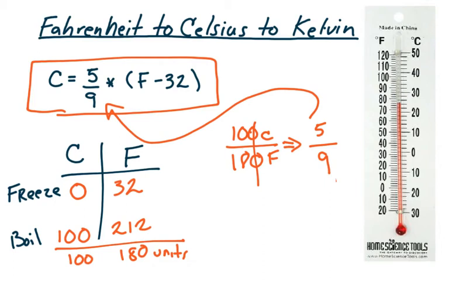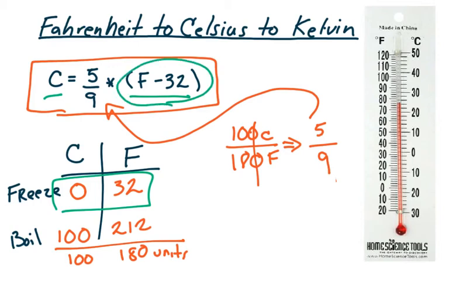However, if you notice, it's shifted up. The Fahrenheit scale is shifted up 32 units. So we have to take that into account, and if we're converting Fahrenheit to Celsius, we must subtract the number 32 from our conversion factor.